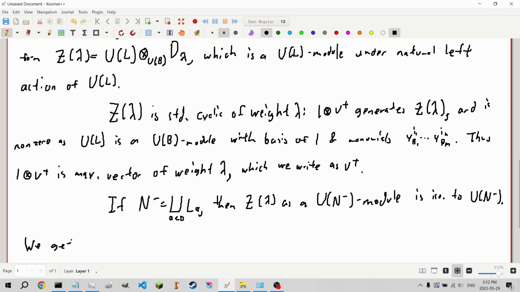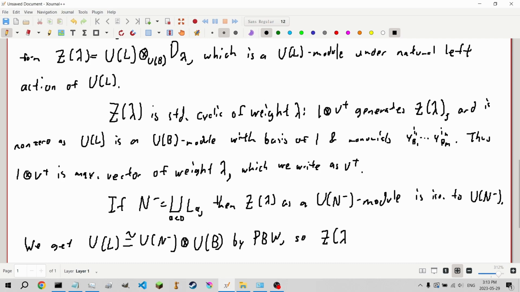We get that the universal algebra of L is isomorphic to the universal algebra of n minus tensored with the universal algebra of B by Poincaré-Birkhoff-Witt. So Z of lambda is isomorphic to U of n minus, then just tensored with the underlying field.